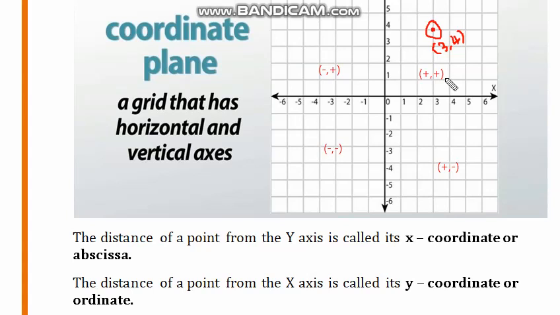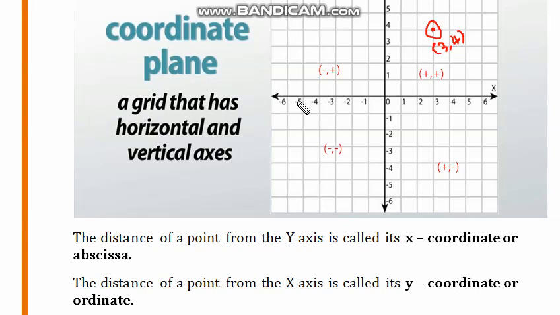Okay, students, let's recall quadrants. Actually, this is the first quadrant of a Cartesian plane. Here the coordinates are plus comma plus, both positive. The x-coordinate and y-coordinate are both positive. This is the second quadrant.